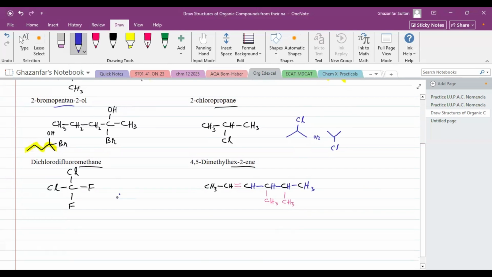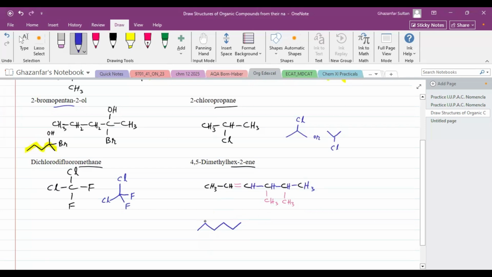And here this is the only carbon atom, and we have to mention all the other groups here. So chlorine, chlorine, fluorine, and fluorine. And here 1, 2, 3, 4, 5, 6. Six carbon atoms are there.